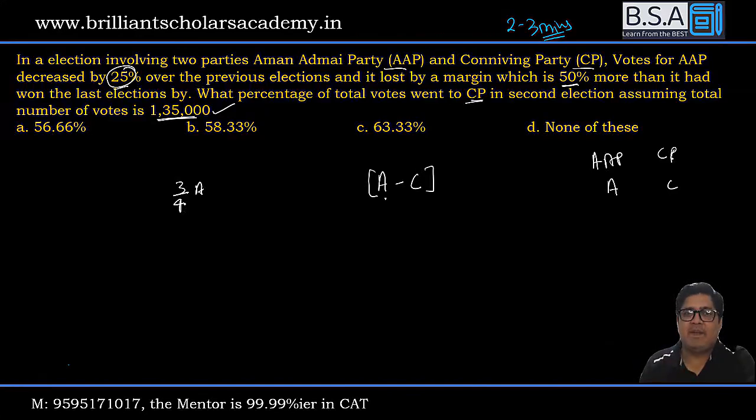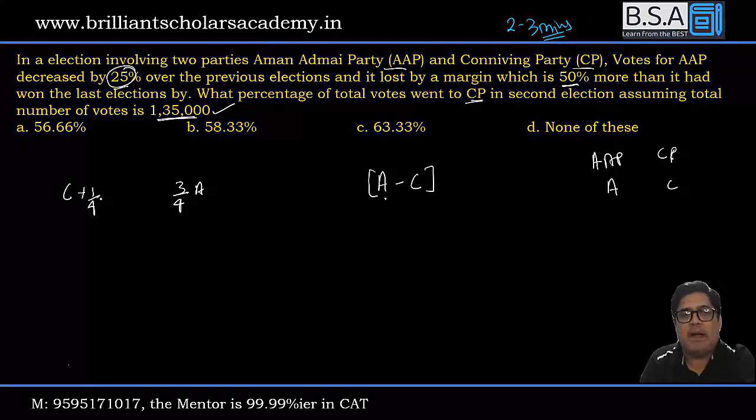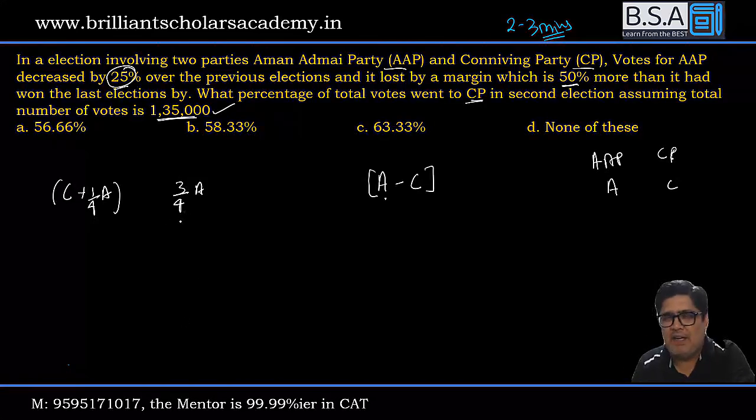1/4 is 25%, and those 1/4 have gone to the other party. This is the vote share of the conniving party now in the current elections. This is the vote share of Aman Aadmi Party now in the second elections. The difference is the losing margin of AAP. ये losing margin है.